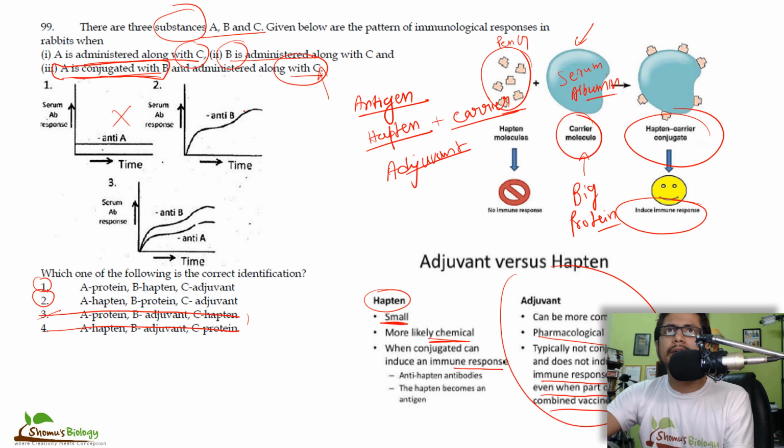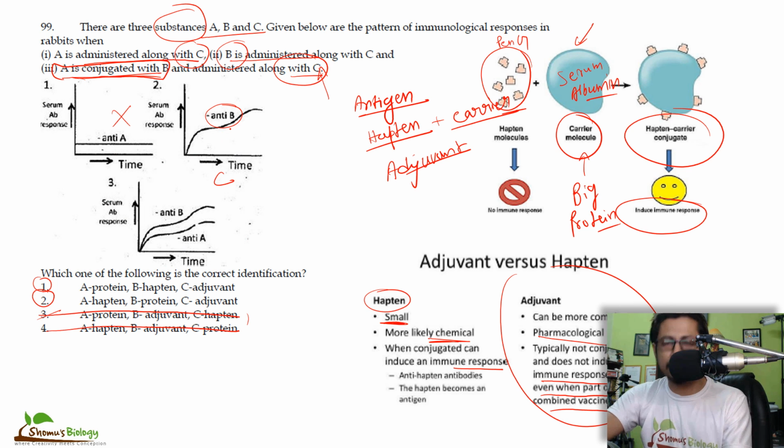So we see a response against B. That's something really unique. So B can elicit a response there. And at the end, when we have A and B both, the response to B is high, the response to A is less.